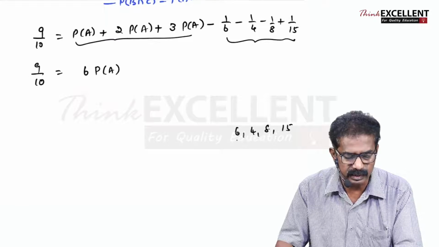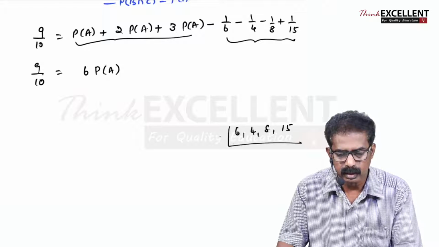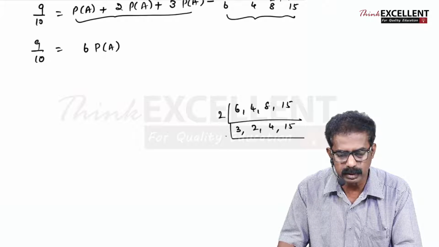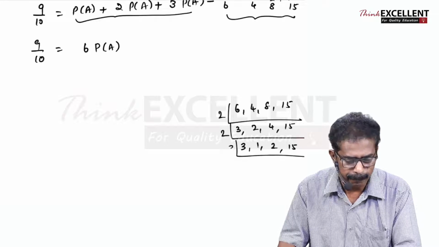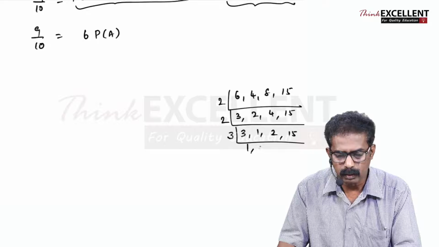If I take the LCM, 2 table: 3, 2, 4, 15. Again 2 table: 3, 1, 2, 15. Now 3 table: 1, 1, 2, 5, right?